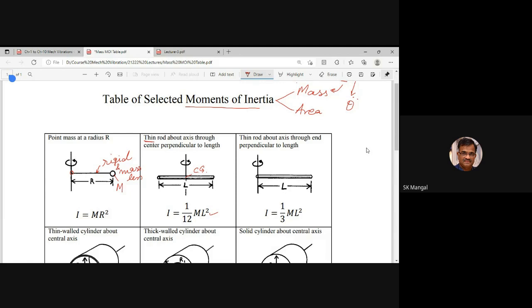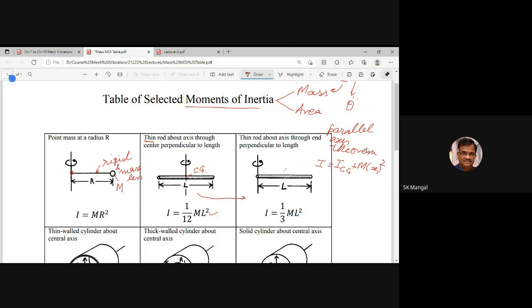You can also find this moment of inertia from this one by using the parallel axis theorem, which states that moment of inertia about any point other than CG is given by moment of inertia about CG plus m into the distance squared, where m is the mass of the body and the distance is between the two points, that is from CG to the desired point.